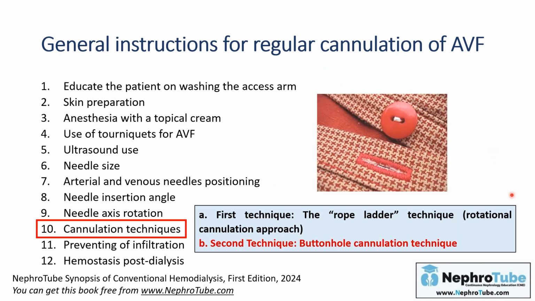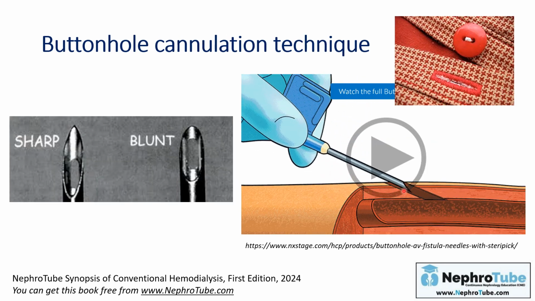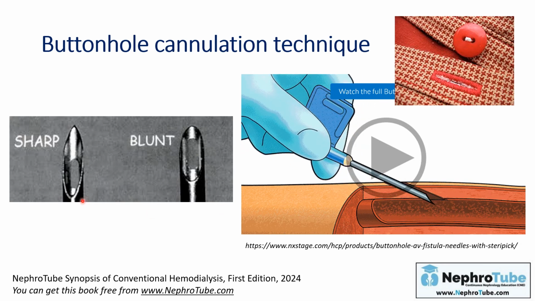The second technique is the buttonhole technique. In the buttonhole technique, you will try to make a buttonhole like this, where you can cannulate your button, and I mean here by button the needle itself. To create a buttonhole, at first you have to use a sharp needle.